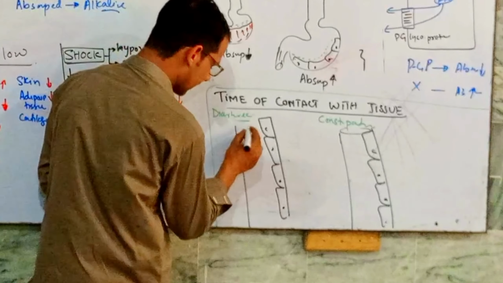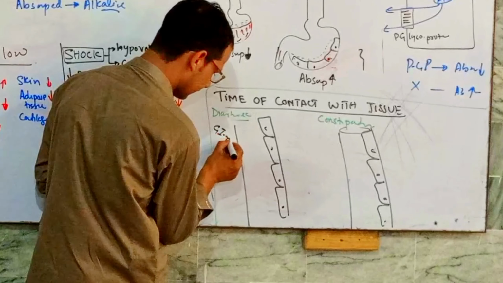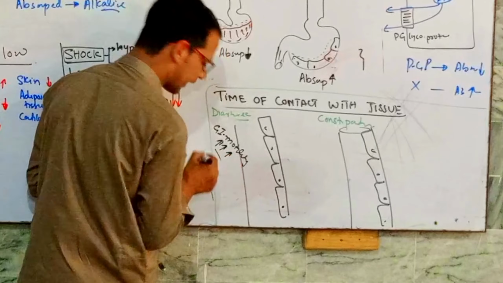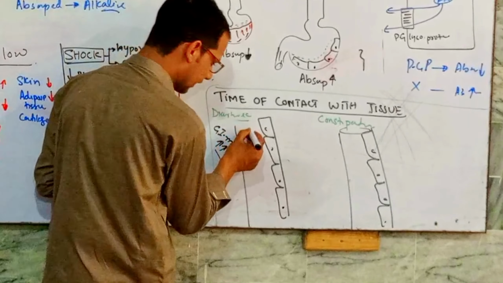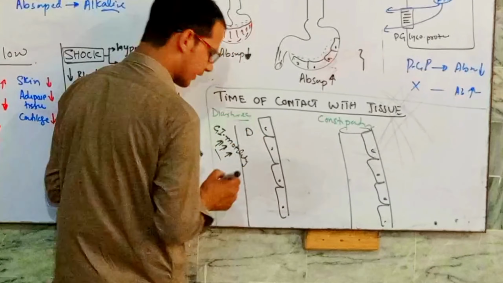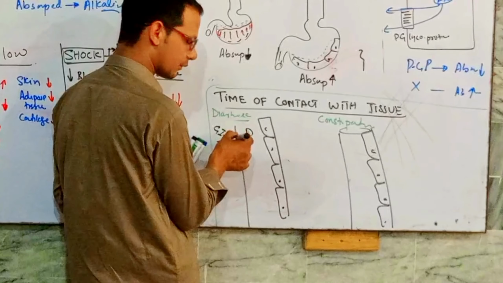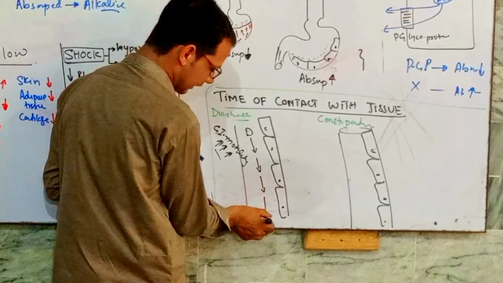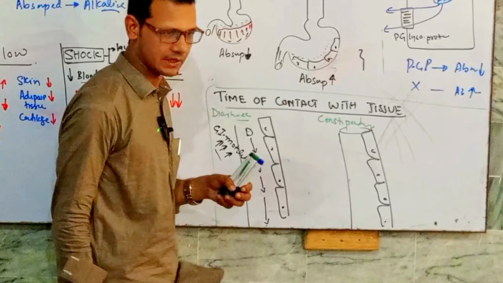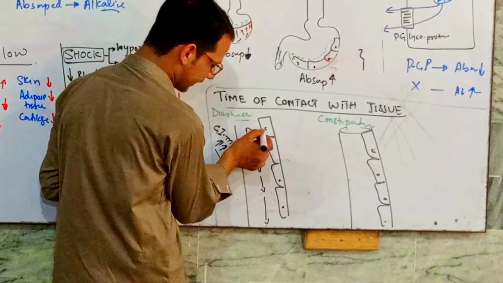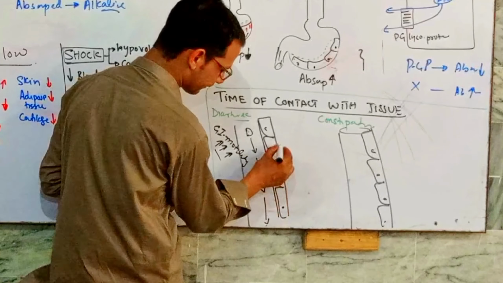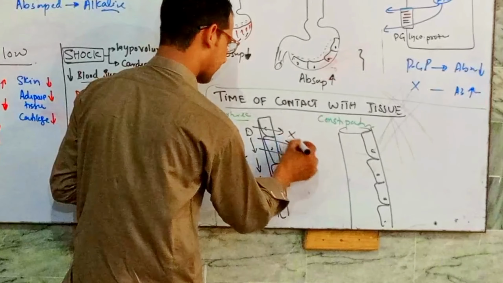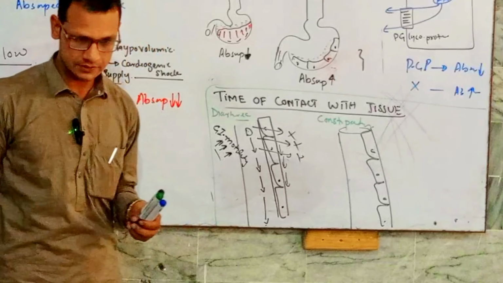Here the GI motility is very high, and if we give a drug to this patient with diarrhea, this drug will very rapidly leave the intestine, and the time of contact with these cells is very low, so the absorption will decrease.